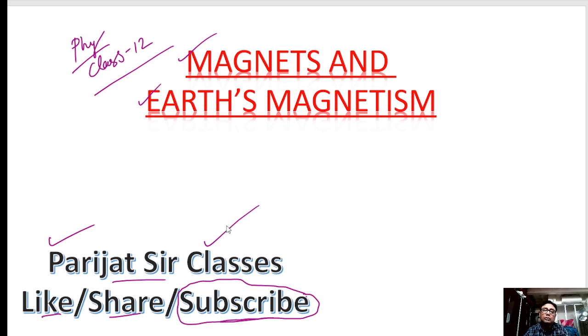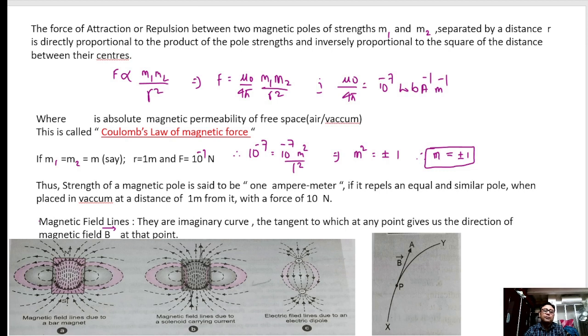Okay, so let's get started with the chapter magnets and Earth's magnetism. First of all, you see here the force of attraction or repulsion between two magnetic poles of strength M1 and M2.